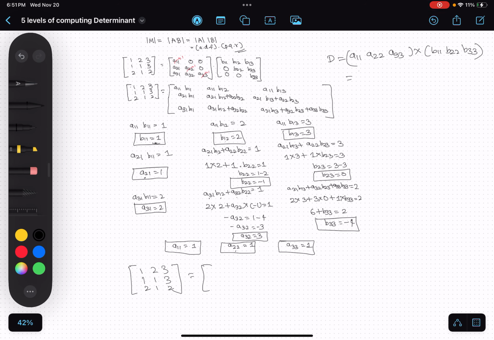Now since I know that A11, A22, A33 will just be 1 1 1, and the rest B11 will just be 1, B22 will just be negative 1, B33 will just be negative 4. So now you see that this is 4, right? So I don't even need to do a lot of things. I can just use this fact directly, that it's just ADF times PQR. So this is our ADF, this is our PQR, and this is how I can find it.